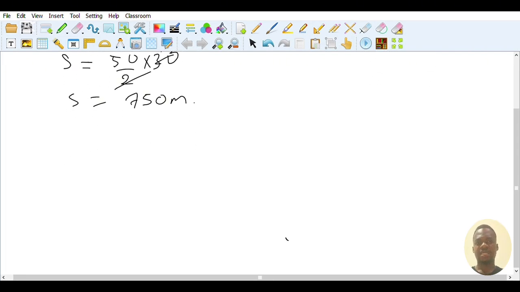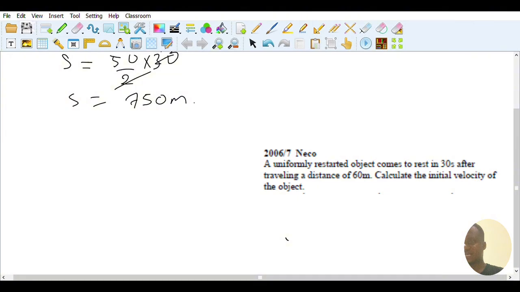So a clear analysis of what is given in the question and what the question asks you to find will tell you which of the equations you are supposed to use. So let's look at this question. A uniformly retarded object comes to rest in 30 seconds after traveling a distance of 60 meters. Calculate the initial velocity of the object.